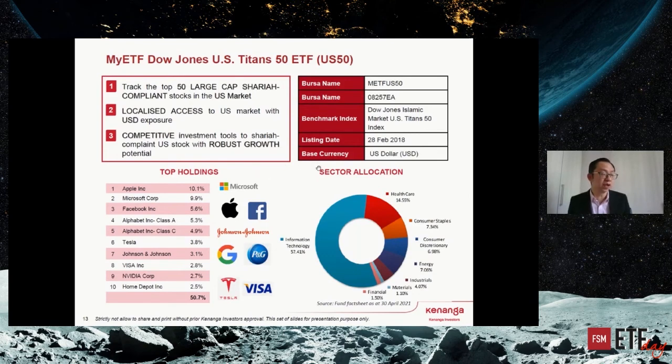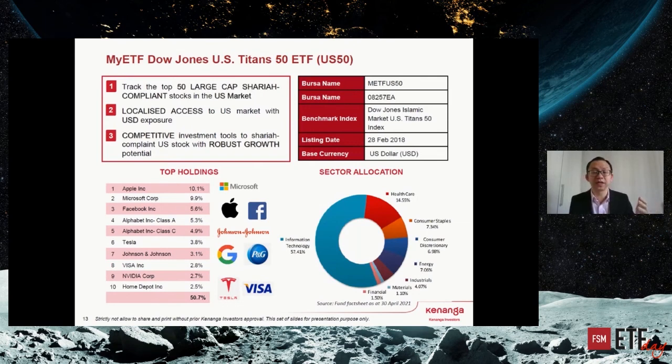You can see the logos, all the familiar names: Apple, Microsoft, Facebook, Google, and recently the index just included Tesla, Johnson & Johnson, Visa, Home Depot, and so on. Since the US is a very fast growing market with robust growth potential, from time to time there will be a new rising star like Tesla. Two years ago, I believe not many people knew about Tesla, and then Tesla suddenly became so hot.